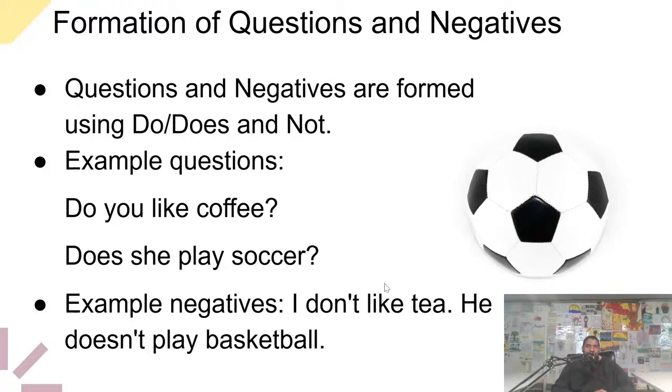And here's some examples of the negatives. I don't like tea. That really means I do not like tea. But we say it quickly in America. We like to say don't 9 times out of 10, more often than not. We like saying don't instead of do not. But in formal language, of course, you will see do not.